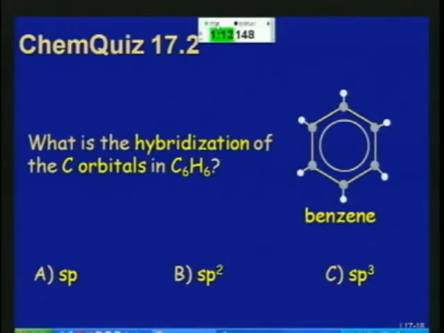The first thing is you need to think, what's the bond angle here? Okay?